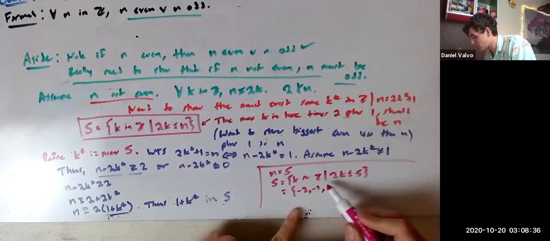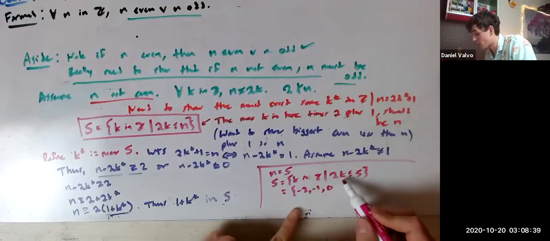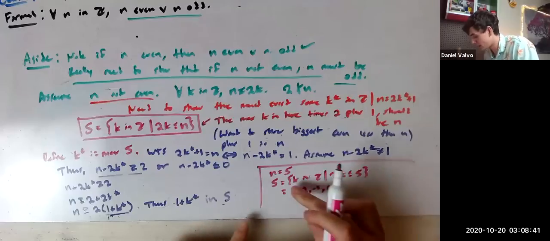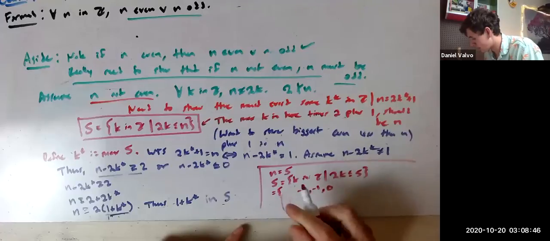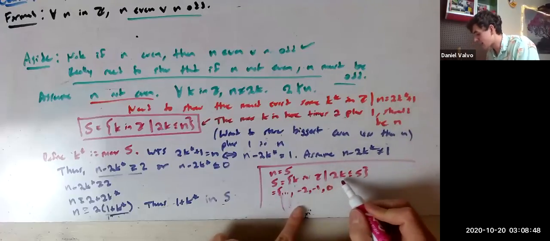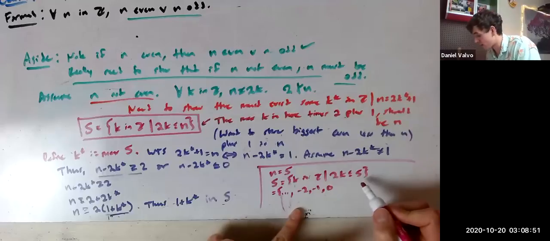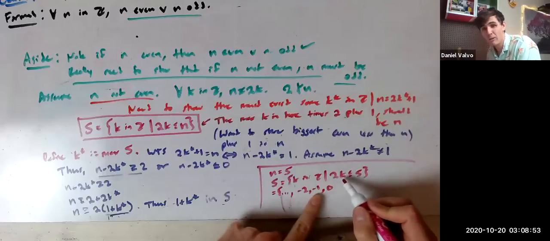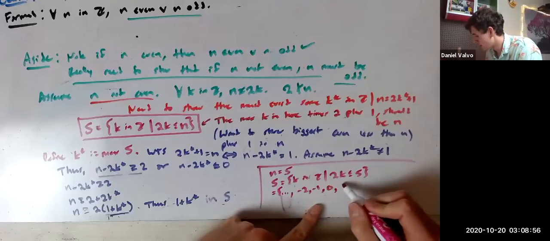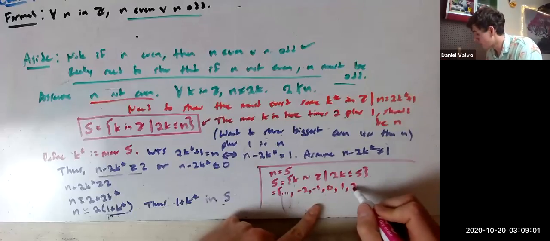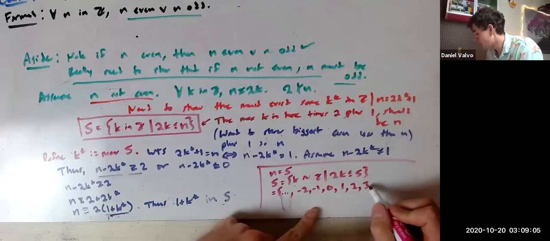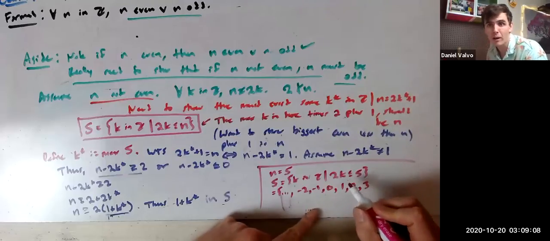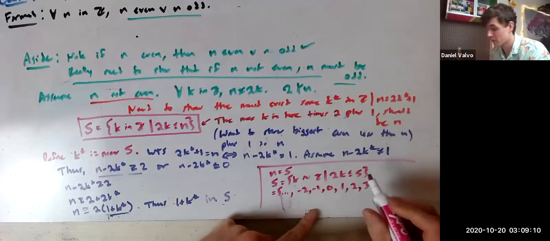Notice that -2 times 2 is -4, which is less than or equal to 5. -1 times 2 is -2, less than or equal to 5. 0 times 2 is 0, less than or equal to 5. 1 times 2 is 2, less than or equal to 5. 2 times 2 is 4, less than or equal to 5. 3 times 2 is 6. Oh, 6 is not less than or equal to 5.